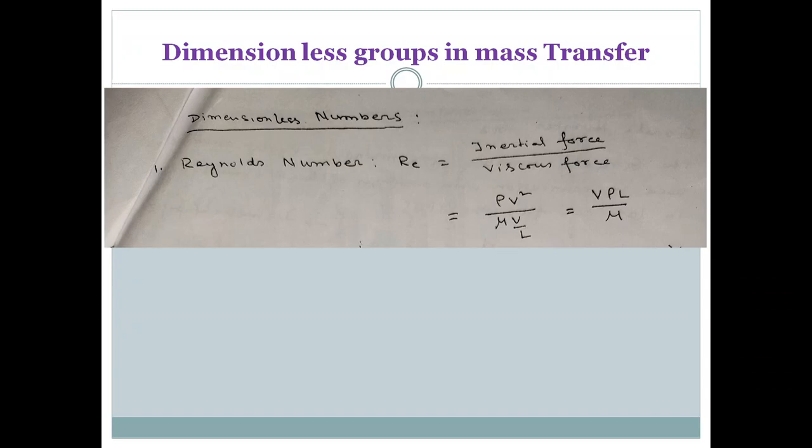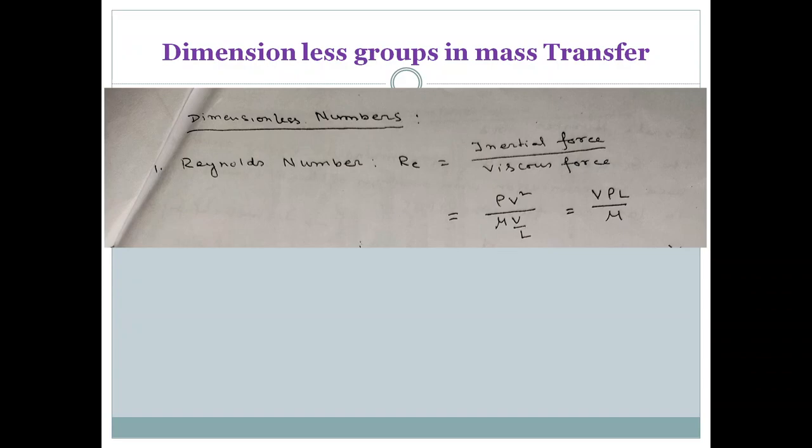Viscous force tries to resist this flow. So there is a competition between two forces: dynamic inertial force tries to keep the fluid going forward, and viscous force tries to resist the flow. That ratio is called the Reynolds number.